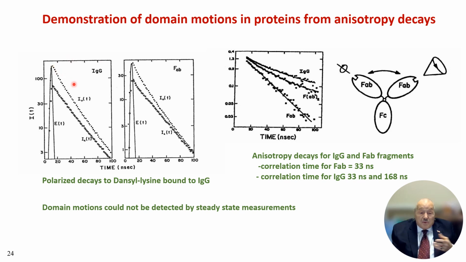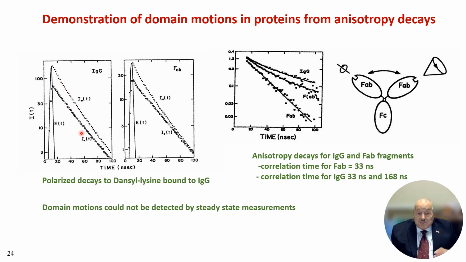So the author here, which I think was Lubert Stryer, took an immunoglobulin and he raised antibodies against dansyl lysine. So we got antibodies specific for dansyl lysines, and they would of course bind to the Fab sites of the antibody. So first, let's look at the anisotropy decay of the whole protein.